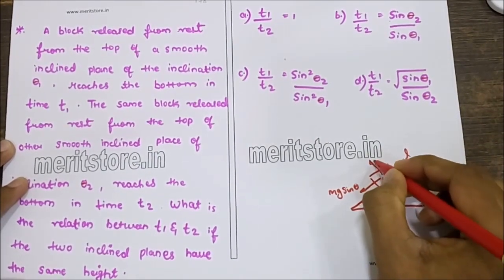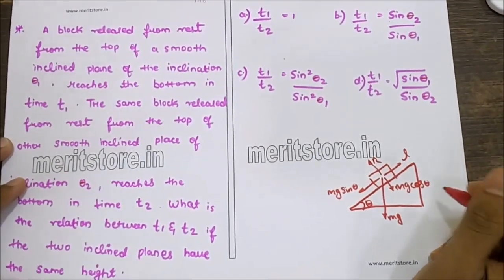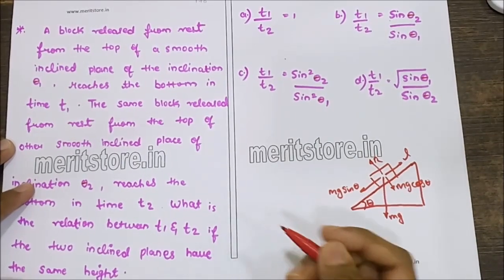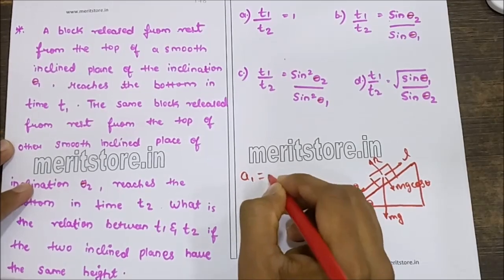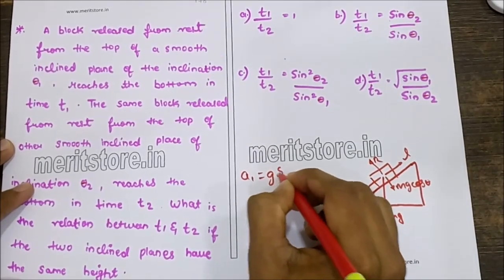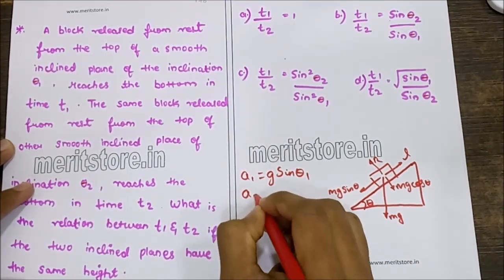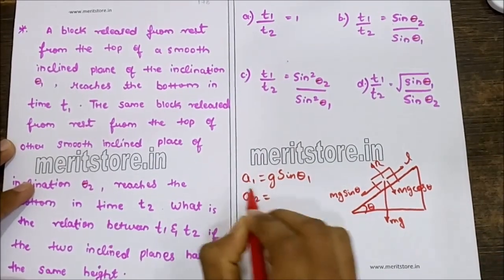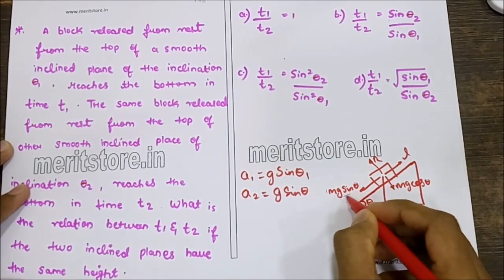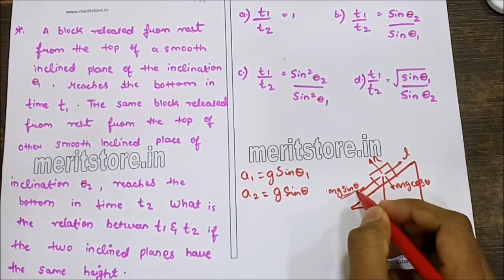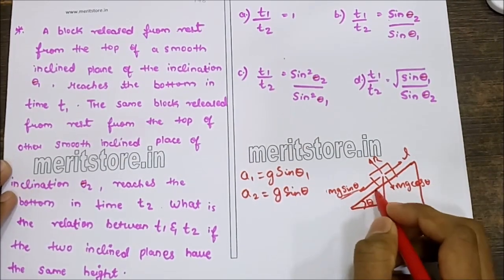This is supported by the normal reaction R. Now, the accelerations down the plane are given by, for the first case, a1 equals g sine theta 1, and the acceleration in the second case is g sine theta 2. Since we are considering only g sine theta, for the first case it would be g sine theta 1, and for the second case g sine theta 2 in the direction of the plane.